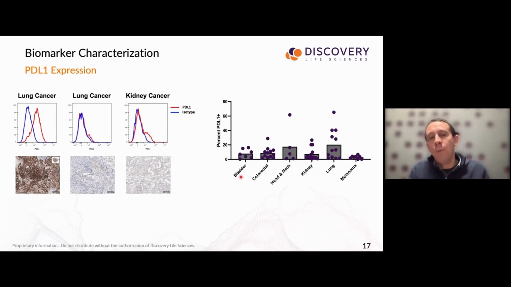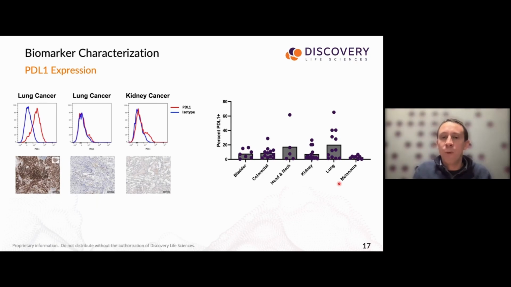At this point in the biobank, we've focused on 6 main indications that in the clinic are targeted by PD-1 and PD-L1 therapies, primarily bladder, colorectal, head and neck, renal, lung, and melanoma.